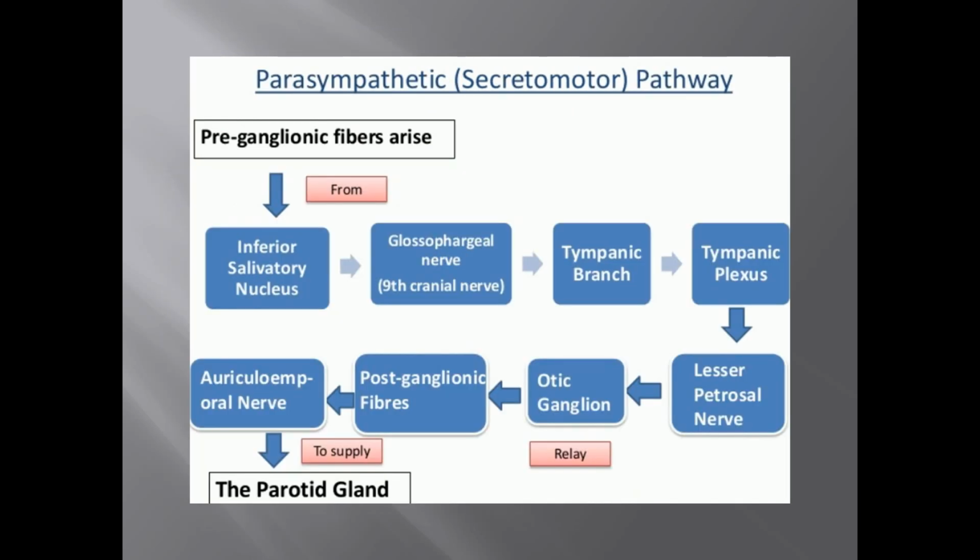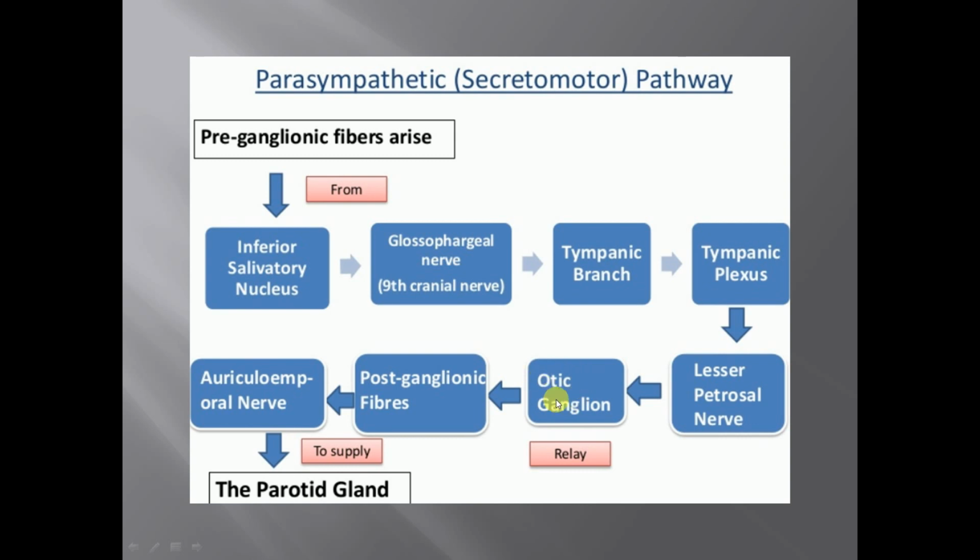Now, coming on to the parasympathetic secretomotor pathway. The parasympathetic innervation to the parotid gland has a complex path. It begins with the glossopharyngeal, the 9th cranial nerve, and this nerve synapses in the otic ganglion.